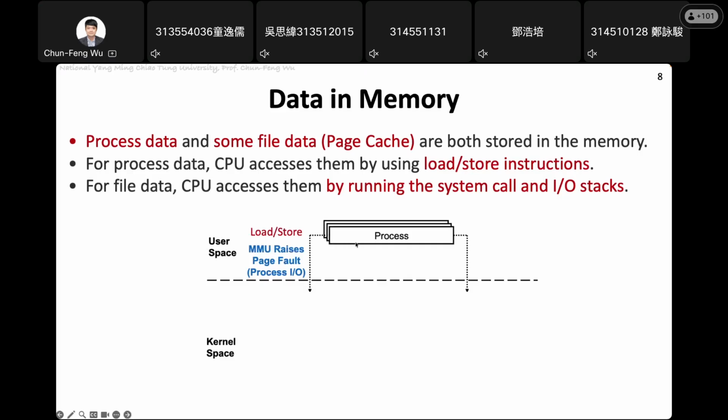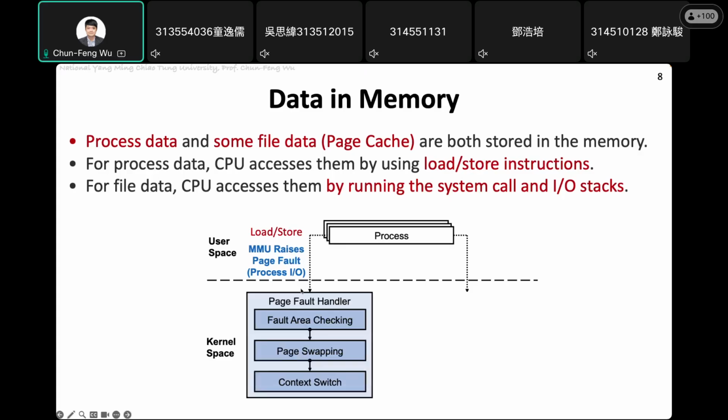If there is a process in the user space, for accessing process data the CPU will directly use load stores. And if the data is not in the memory, then the MMU will raise a page fault. A page fault actually means the data is probably in the storage device or elsewhere, like a network device, so we need help from the operating system.